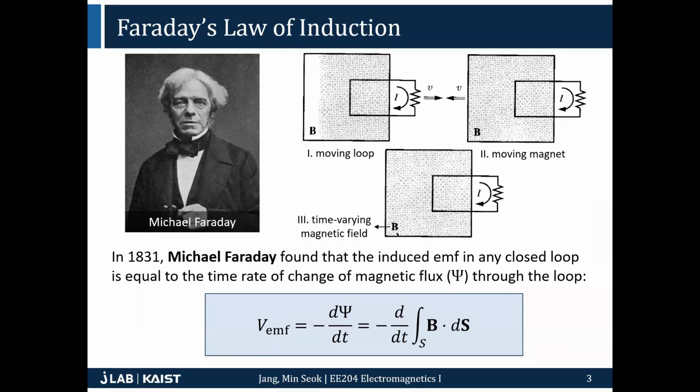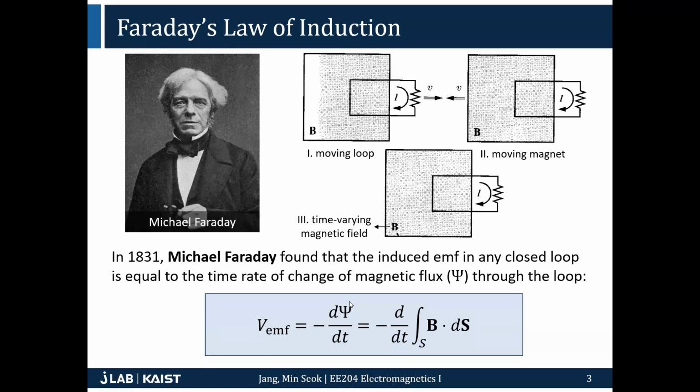And what Faraday figured out was that this electromotive force is determined by d psi dt, and psi here is magnetic flux, B times A or B times S, B times the surface area.